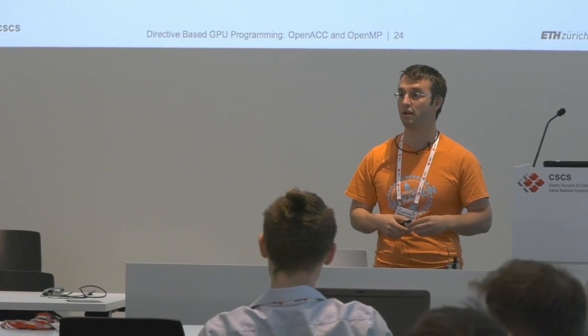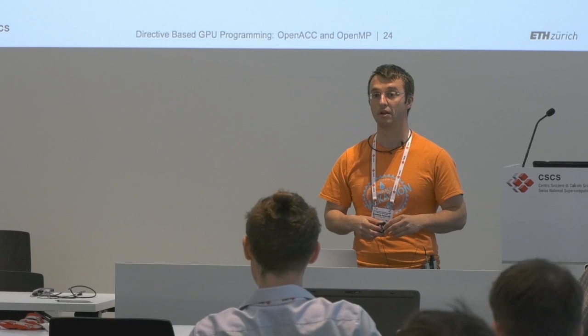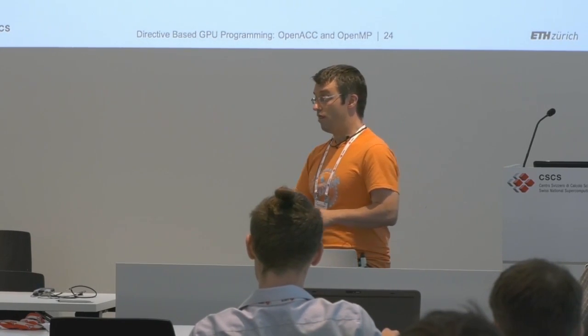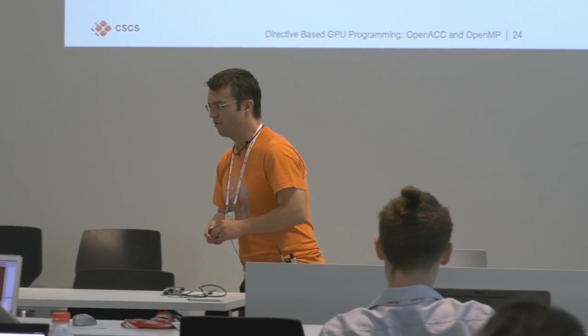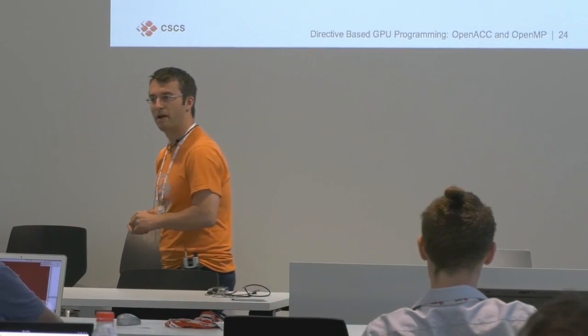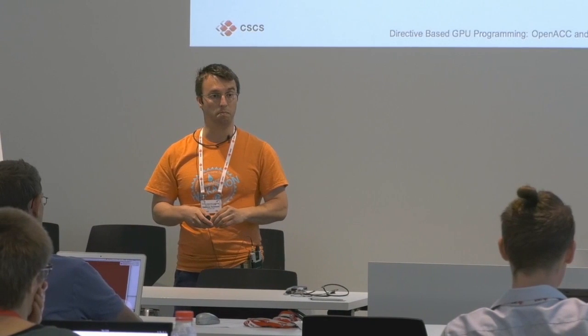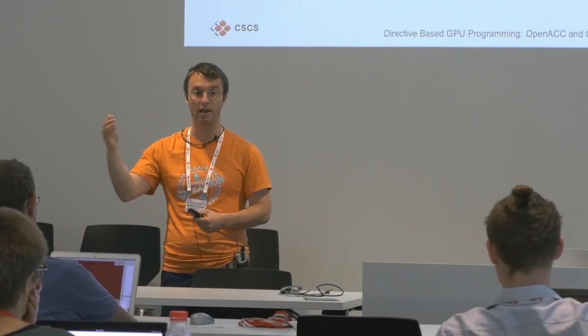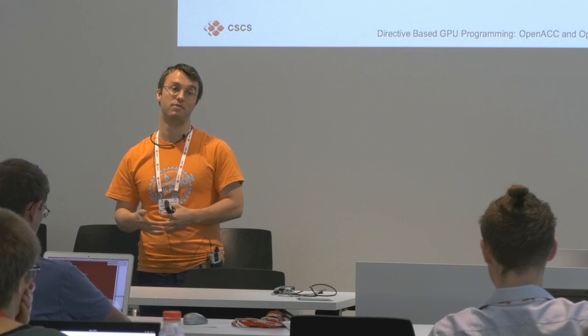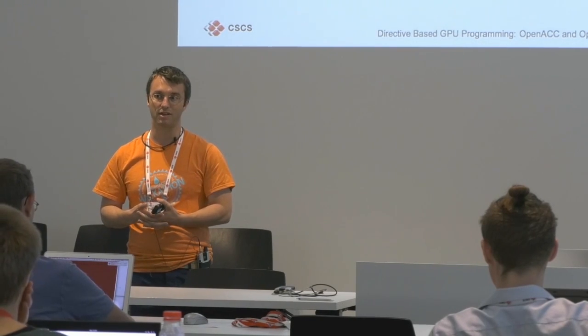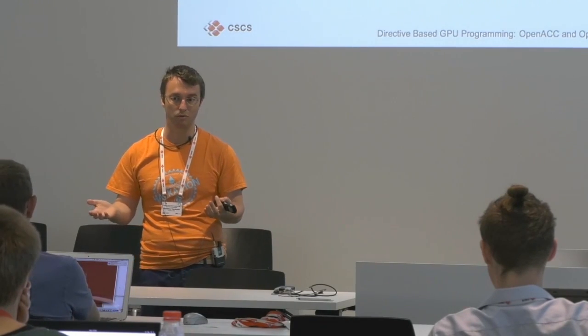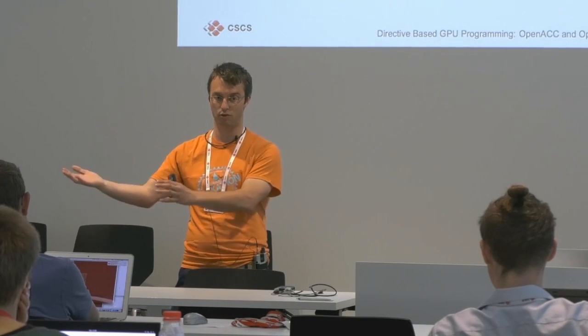But can I then use OpenACC and OpenMP to address AMD GPUs? That depends on the compiler, I think, whether it has a backend to support that. But as far as I know, they are all based on CUDA, so basically they emit CUDA code.